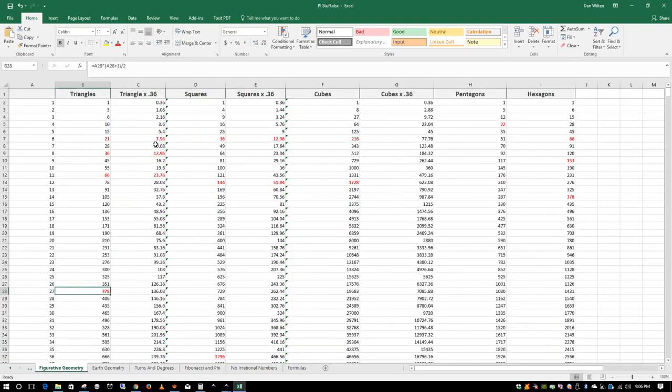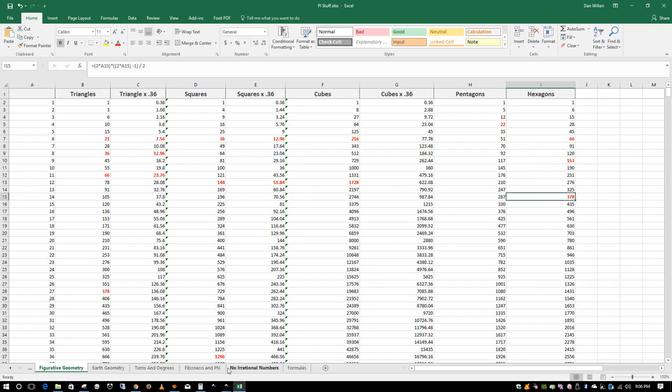If we take a look at the figurative geometry here, we can see these same numbers pop up when we take a look at triangles and squares. We have the 1296, we have 5184, and then cubes that you see here. I believe that all of these play a part in the universal geometry as the geometry builds upon itself, either folding out or folding in on itself. And then of course we see some of the same numbers over here that we see in our list.